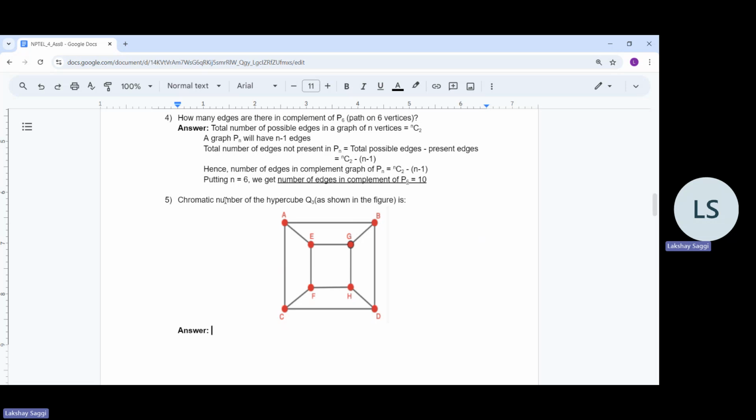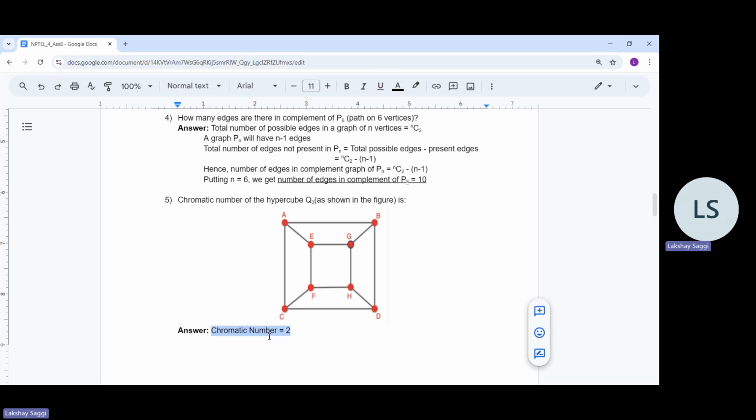So actually, the chromatic number for the graph shown in this figure will be nothing but 2. To show that the chromatic number is 2, we need to show a coloring that uses 2 colors, and we need to show a lower bound of 2.